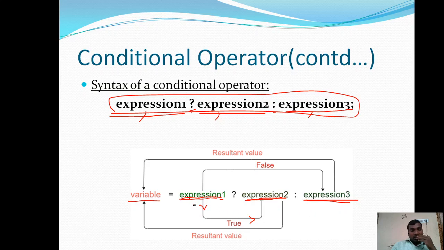Okay. If the result of this expression 1 is true, then expression 2 will be evaluated and the result of this expression 2 is assigned to the left hand side variable, and expression 3 is not evaluated.